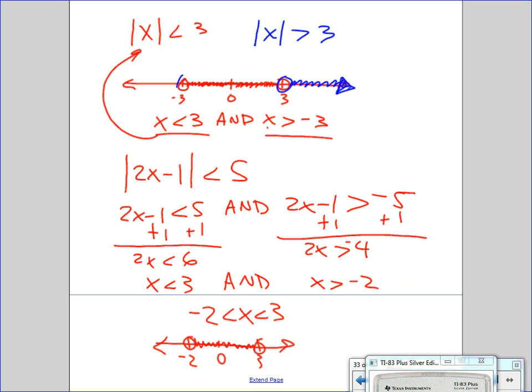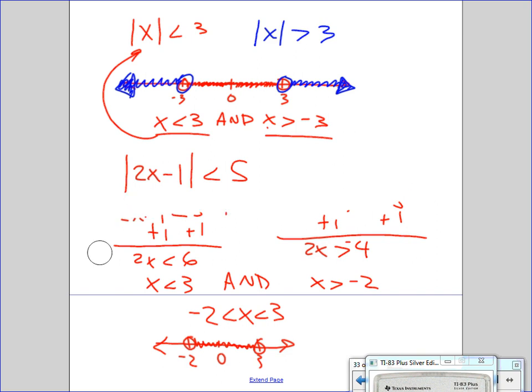And it would be the numbers to the left of -3 because they are more than 3 units away from 0 as well. Now, the way the circles would get filled in is if we had an or equal to on either one of those.